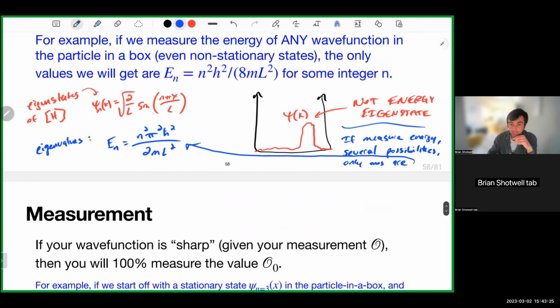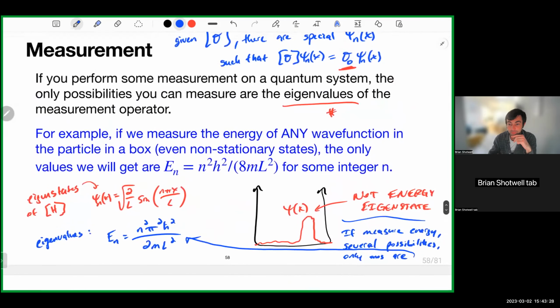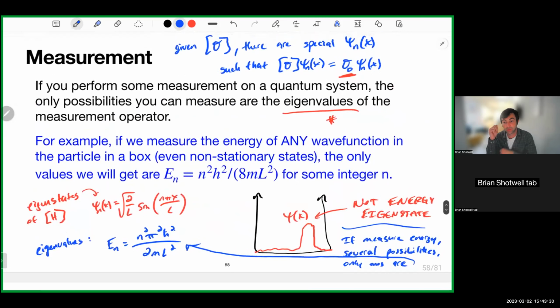So for example, if we have this state right here, and we measured the energy, there's a chance we would get E2, the energy corresponding to the state n equals 2. So the probability wouldn't be 100%, but there's some chance that we would get n equals 2. If we got the n equals 2 energy out of this, then the wave function becomes the n equals 2 state. So we've changed the wave function at that point.